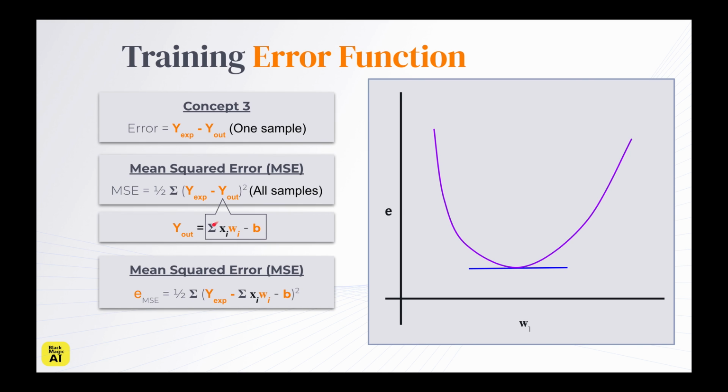So recall, this is the mathematical representation of our Perceptron. If we substitute this expression in for y out, we get a mean squared error or cost function that has the mean squared error on one side, and then the other side it shows the relationship with weights. This gives us a complete mathematical function containing the relationship between the error in our data set and the weights.